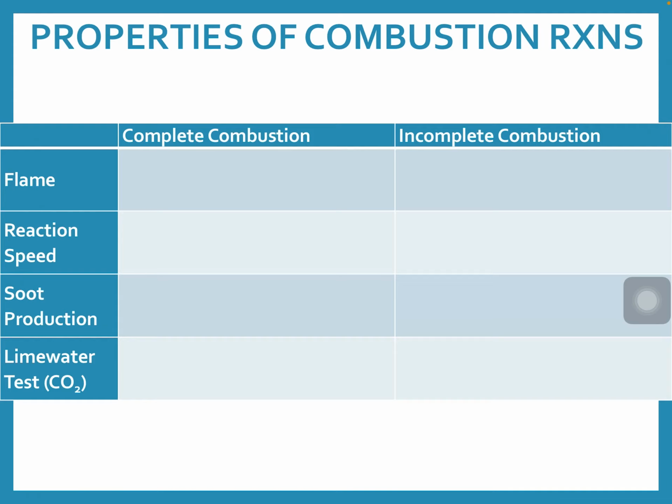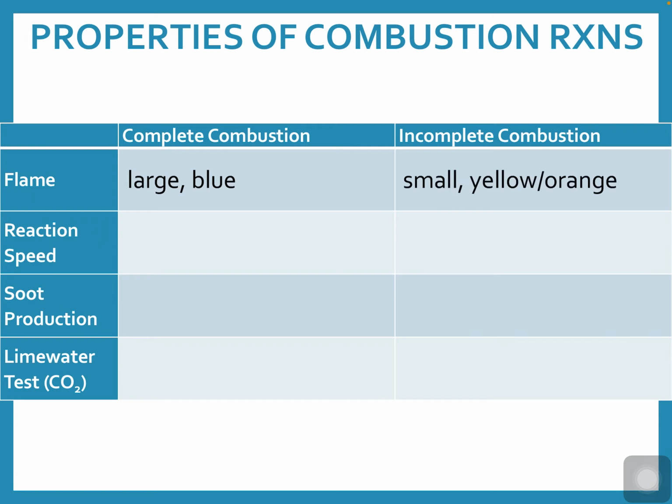So just to compare the two different types. The flame is large and blue for complete combustion when we have sufficient or enough oxygen. In incomplete, where we don't have enough oxygen, the flame is going to be smaller and yellow or orange. So more energy is going to the flame color, so the yellow-orange, and less is going to heat.